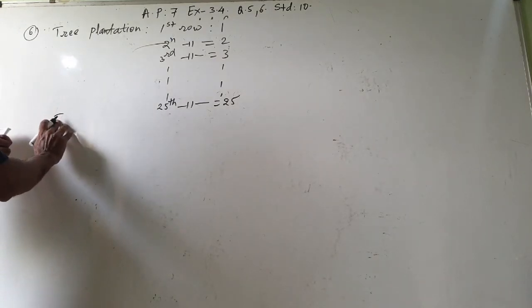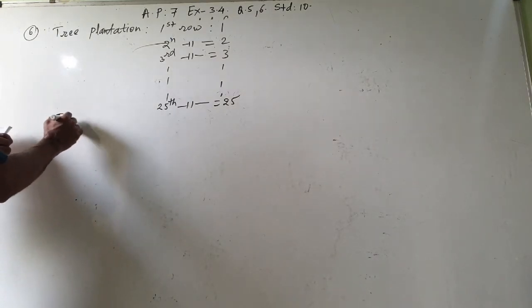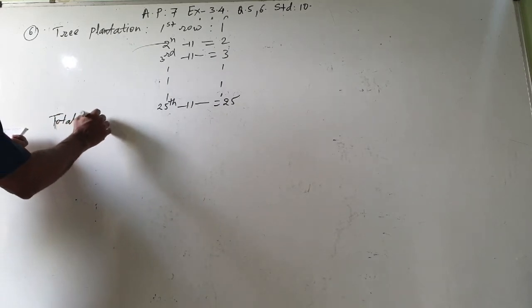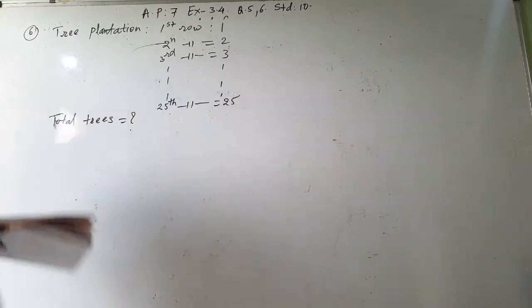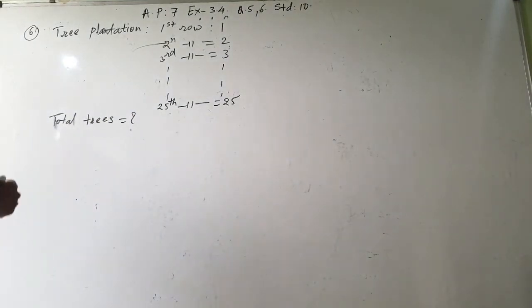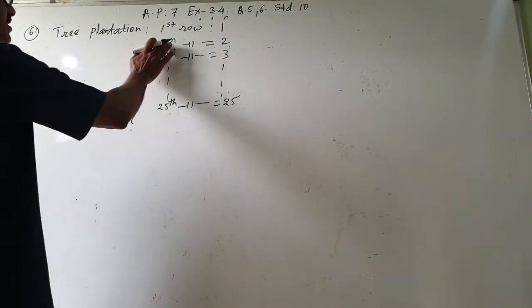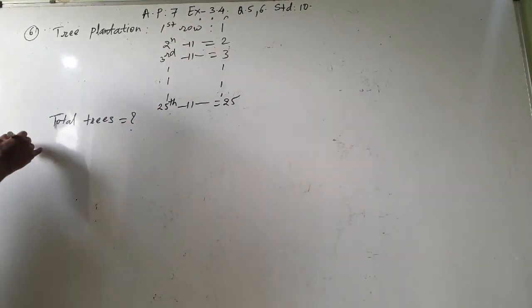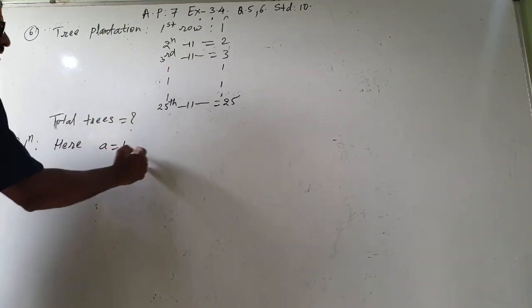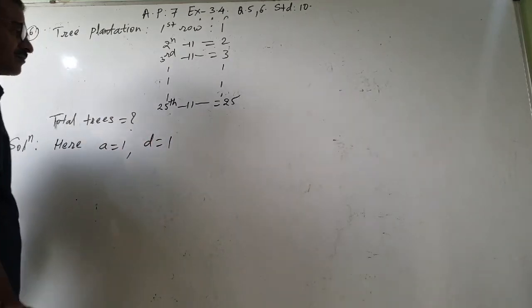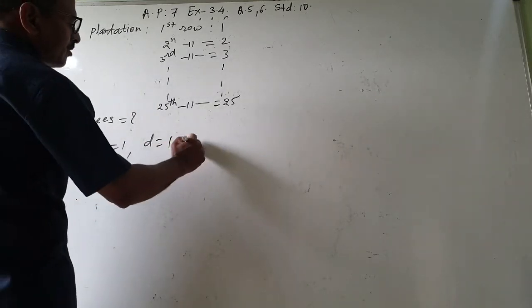Total trees equal to question mark. So naturally this is the first term A. Here solution I am writing: a equal to 1, d also 1, n is equal to 25.